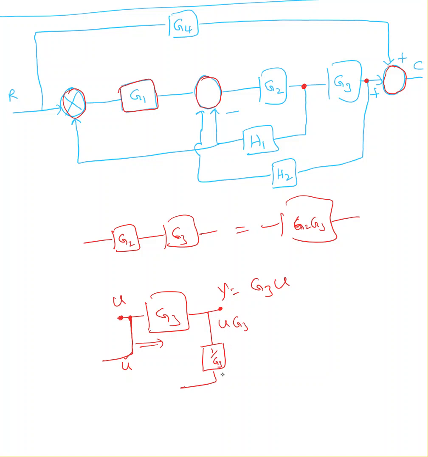Now the signal here is U times Z3, and multiplying by 1 over Z3, the Z3 gets canceled and I end up with U.